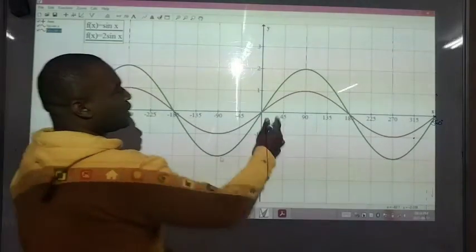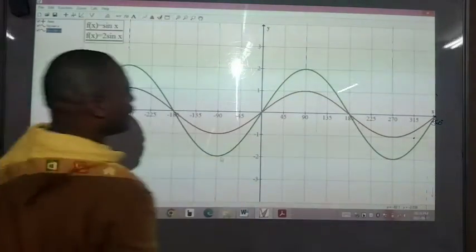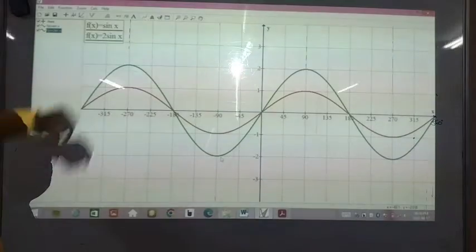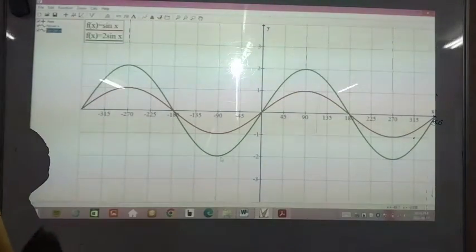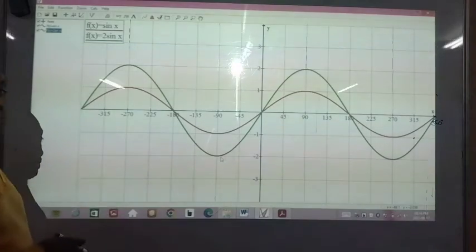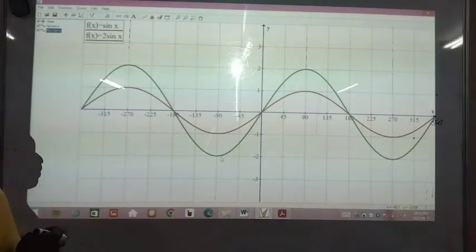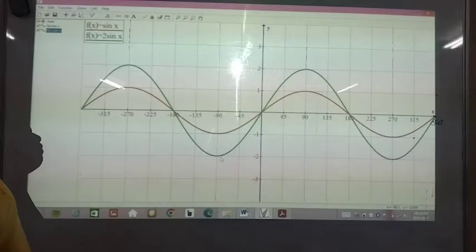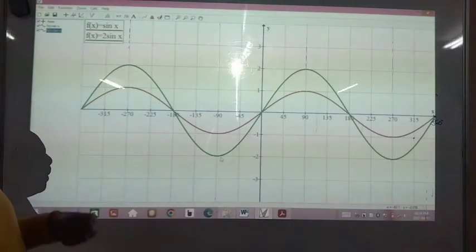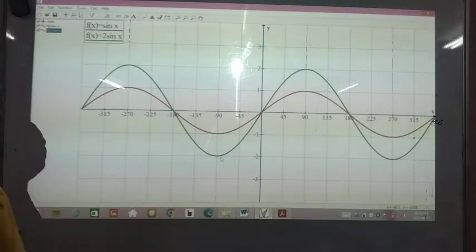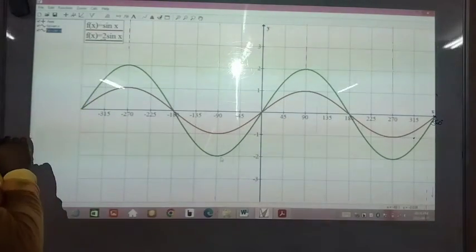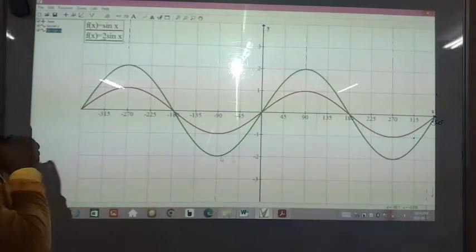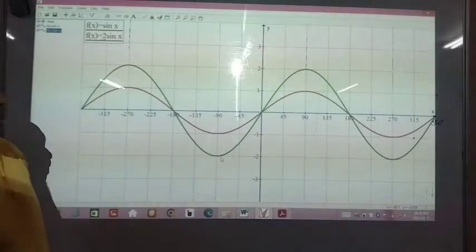So that's what is happening on every point. So we are saying A, ignoring the negative, affects the amplitude on this graph, and it does the same also on the graph of cos x. So the amplitude is determined by A for the graphs of sine and cosine.